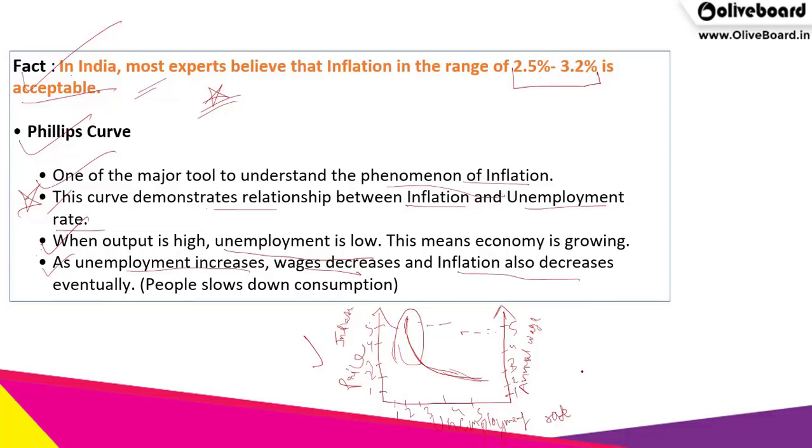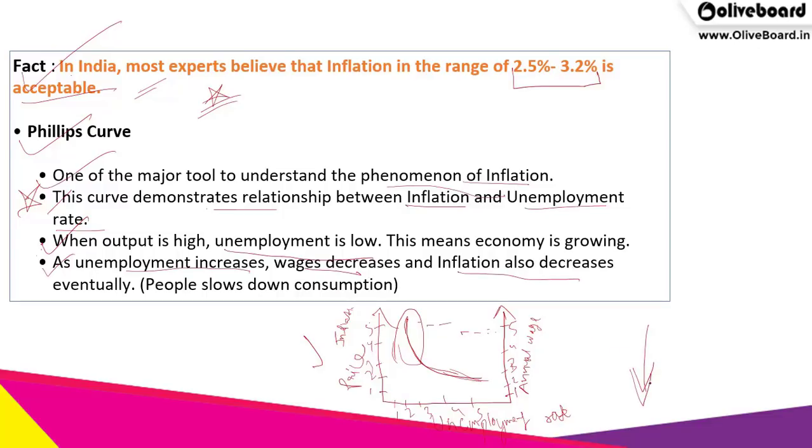So how can we explain this in a simple statement? When the unemployment rate increases, the wages of people decrease, more people are out of work and the salaries also decrease. Now the power of workers and the unions to determine their wages or to get their wages increased comes down.